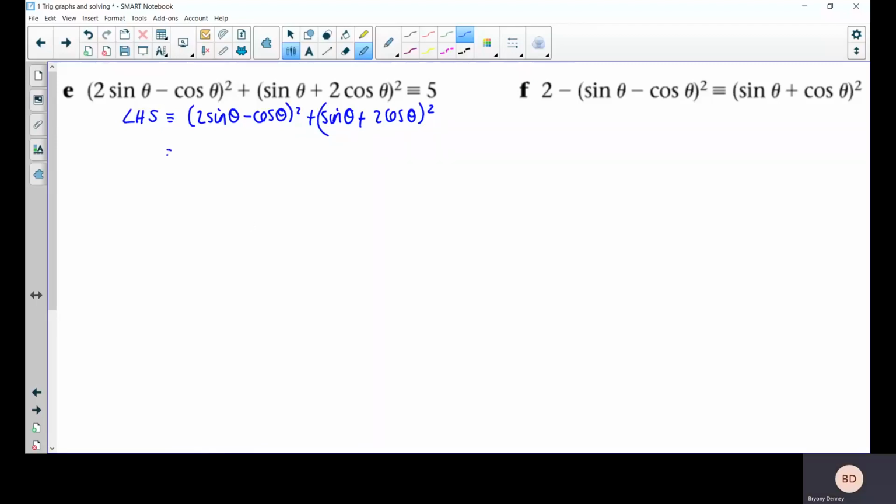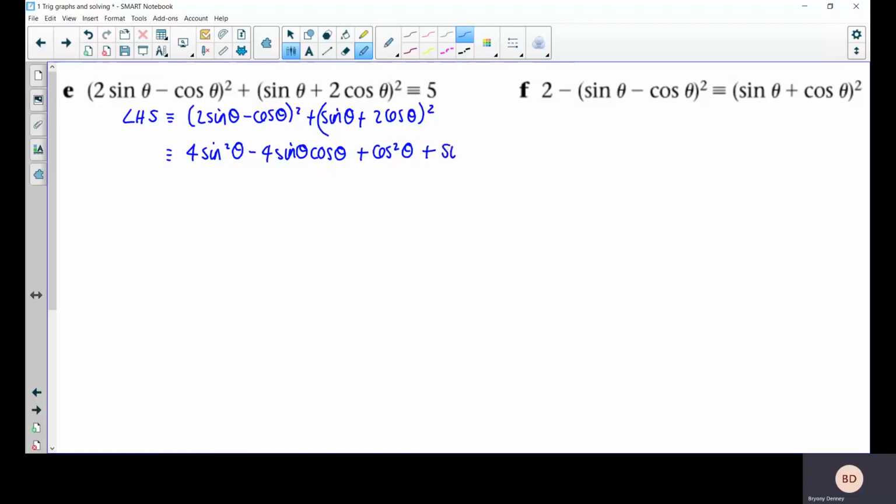So I'm going to start expanding this. It's going to be quite a long line. I'm going to have 4 sine squared theta minus 4 sine theta cos theta plus cos squared theta. That's the first bracket expanded. Remember, it's double bracket expansion.